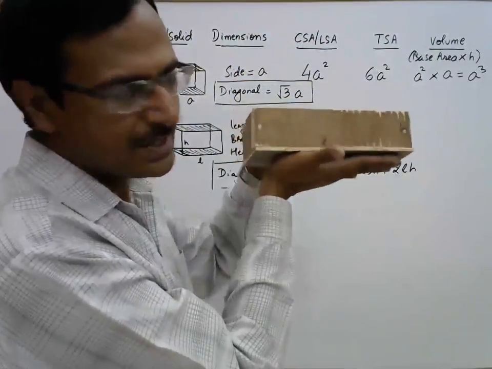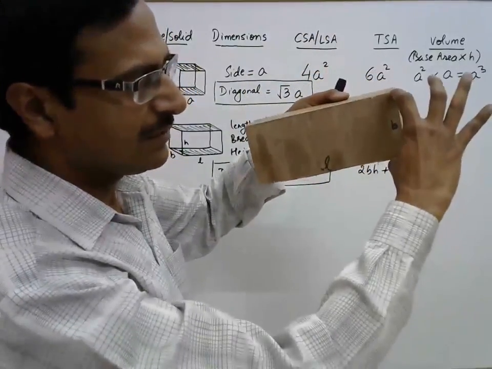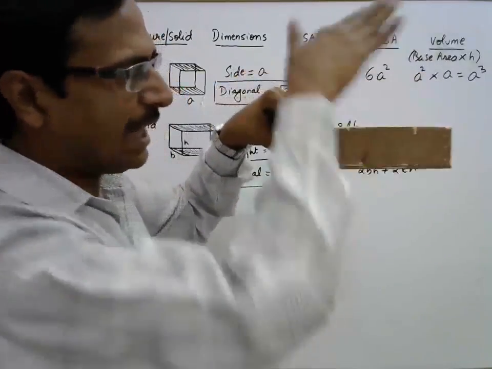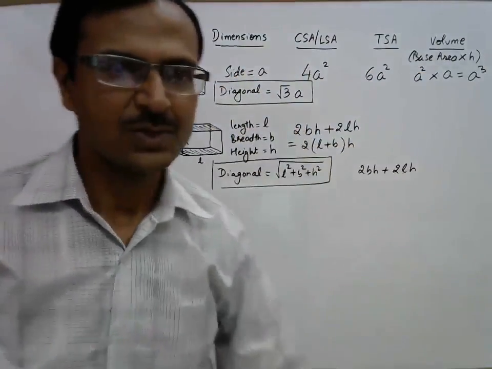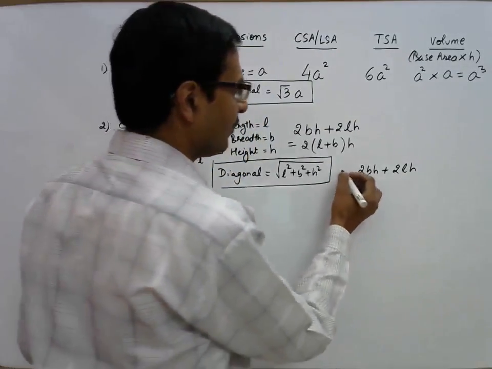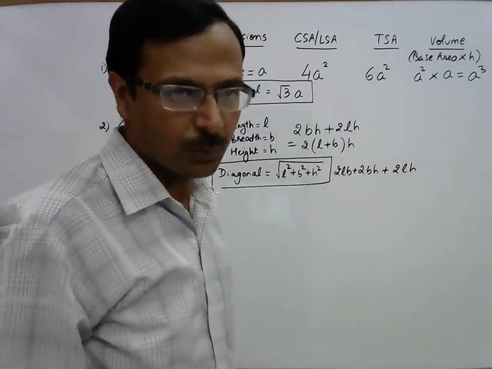So what is the area of the base? Just see the dimensions. This is L and this is B. So LB. So we have LB at the base and LB at the top. So 2LB is the extra term which is included in the formula for the total surface area of a cuboid.